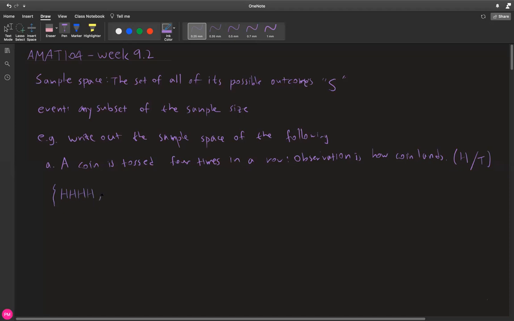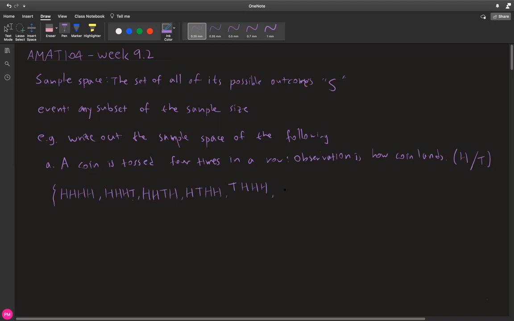We can also get three heads and a tail: heads, heads, tail, heads; heads, tail, heads, heads; and tail, heads, heads, heads. And these were all four that include only one tail.